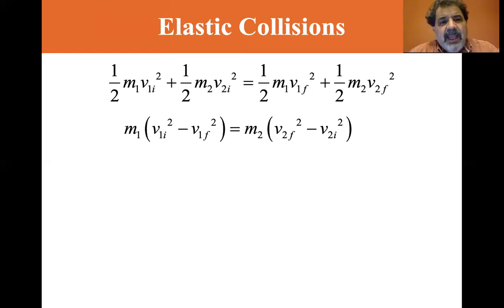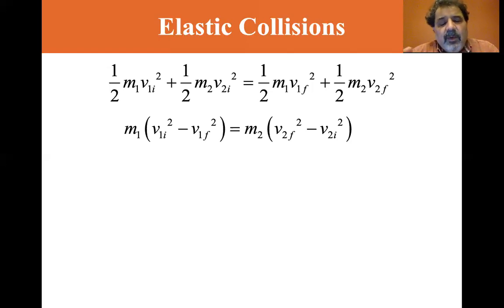If we subtract M1 V1 final squared and take it to the other side, it becomes M1 times V1 initial squared minus V1 final squared. And that's equal, if we take the M2 term to the other side, to M2 times V2 final squared minus V2 initial squared.